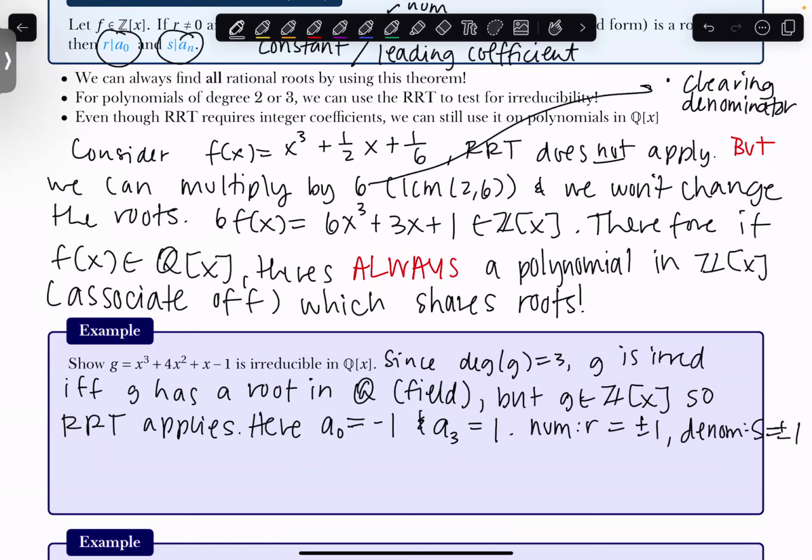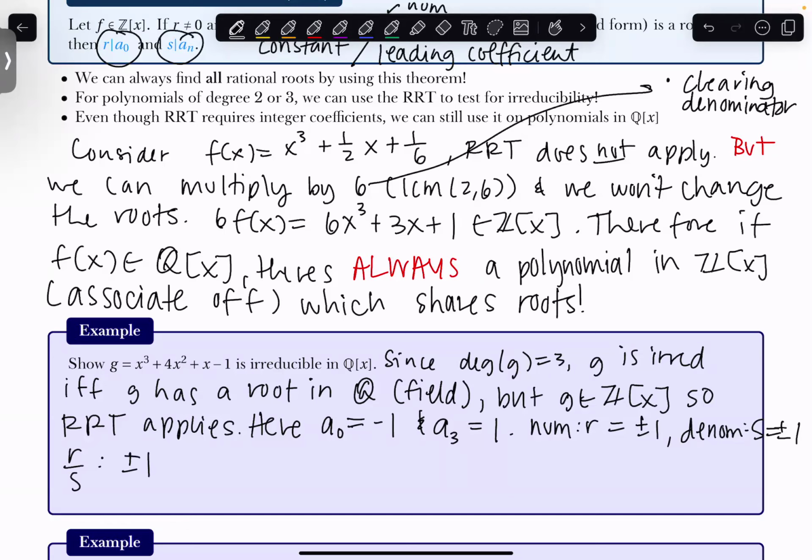And I want to take all my choices here and divide. I'm going to take all my numerators and divide them by my denominators. This one's really simple. I'll just get plus or minus 1 every single time, right? I can think positive 1 over plus or minus 1, and then negative 1 over plus or minus 1. So here, R over S, the possibilities are just plus or minus 1.